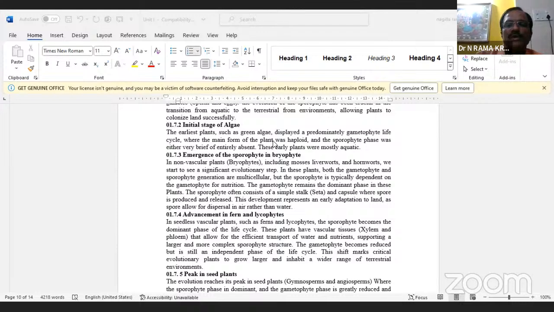The sporophyte is partially dependent on the gametophyte; it is not an independent plant. So in liverworts, the sporophyte depends on the gametophyte.